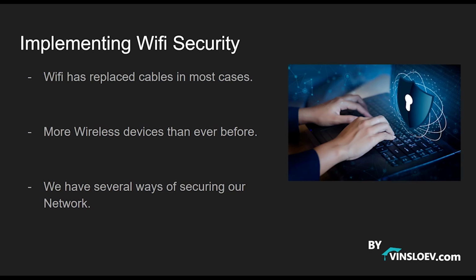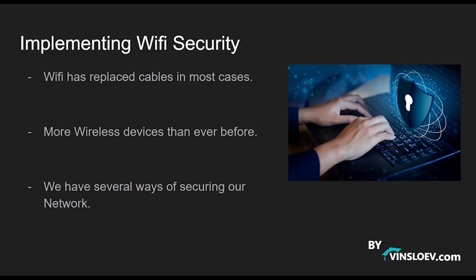But now, as mobile devices and the Internet of Things are getting more and more popular, we are seeing that Wi-Fi is basically replacing all the wired installations that we have, and most computers are also now being switched over to laptops, meaning that they will most likely also run on wireless. Of course, there are still stationary computers and so on which use cables, but well, you get the point.